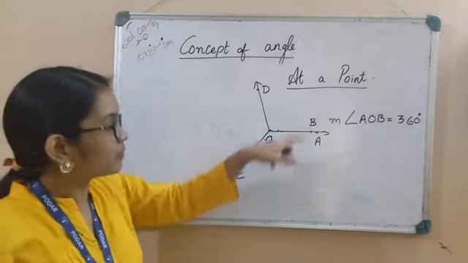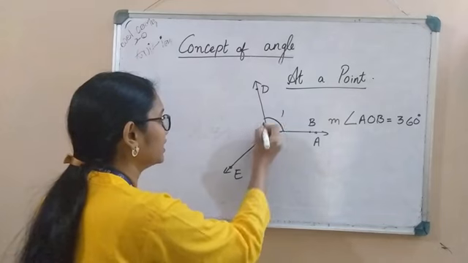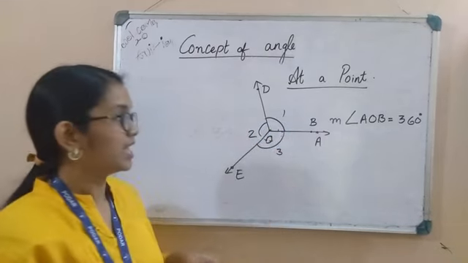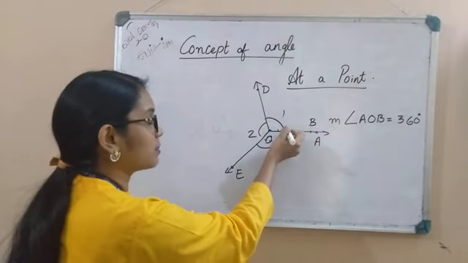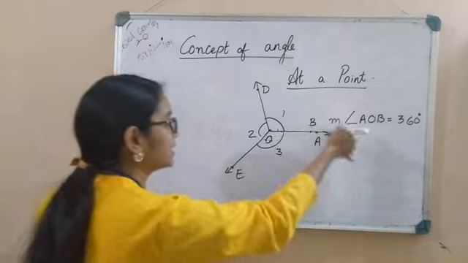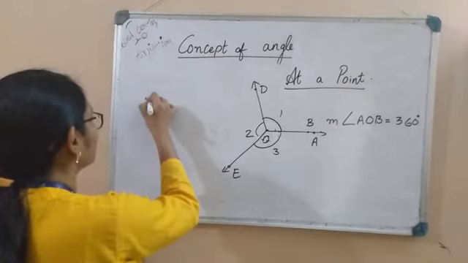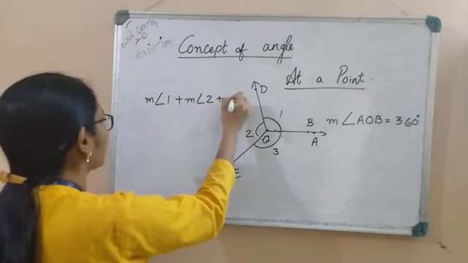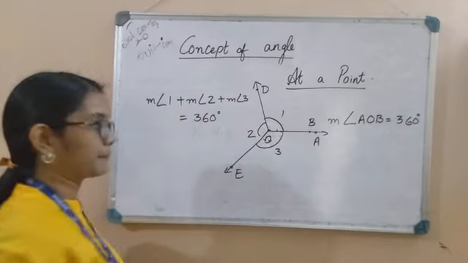From the figure, it is very simple that I have got 3 angles: angle 1, angle 2 and angle 3. As the measure of a complete circle is 360, the measure of angle 1 plus measure of angle 2 plus measure of angle 3 will be 360 degrees.